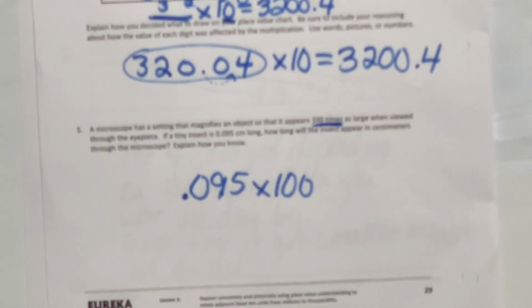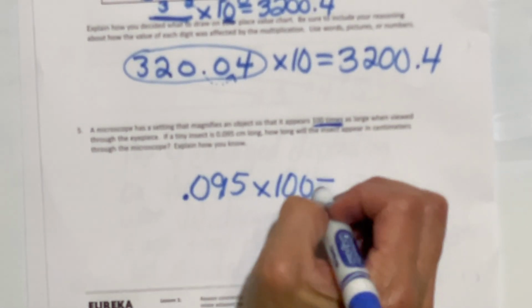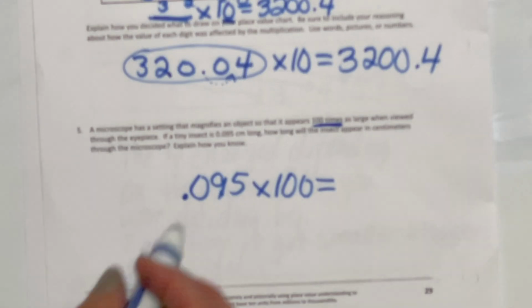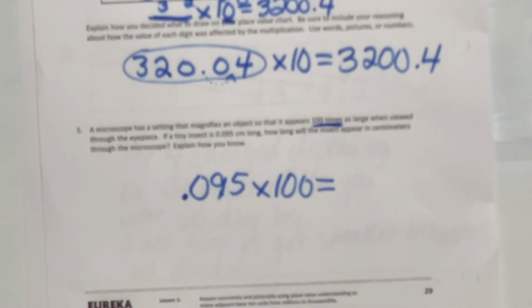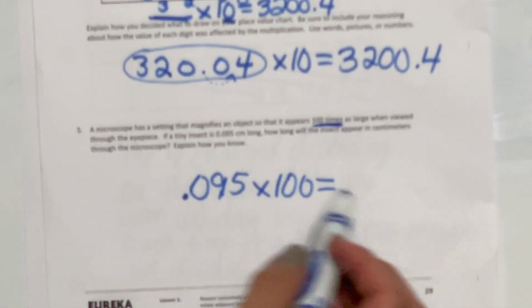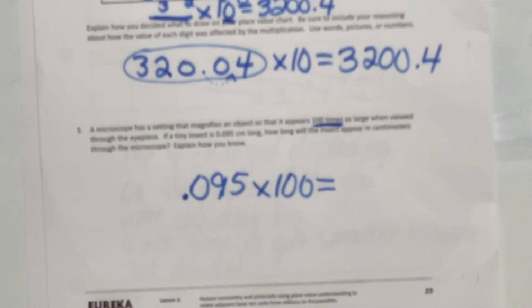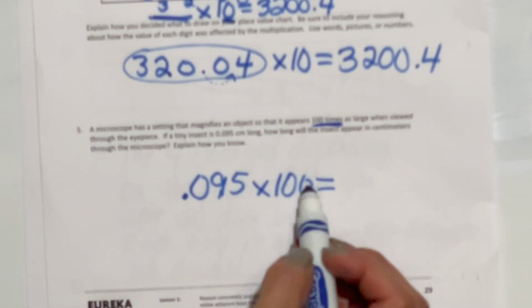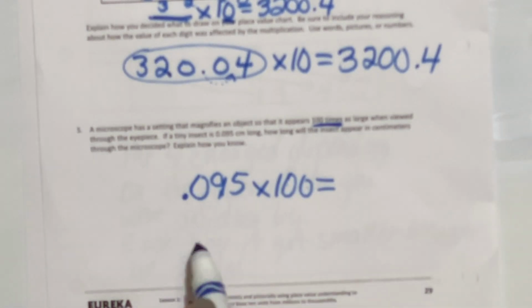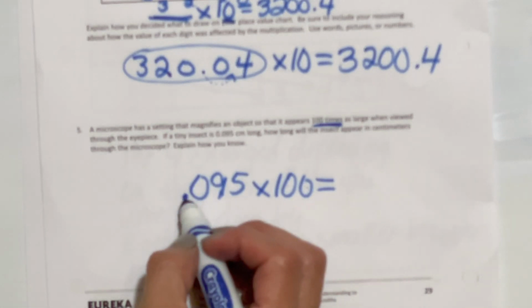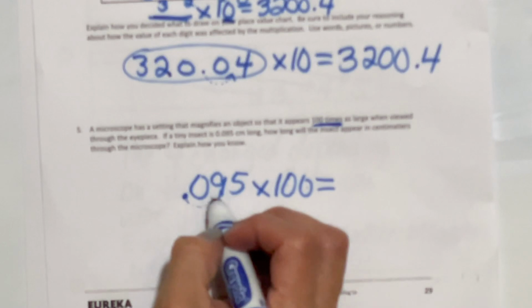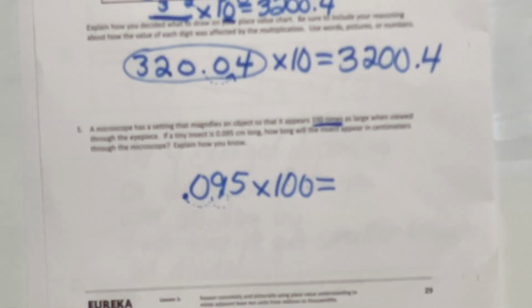Times 100, that's my clue. So how am I going to move this to find the answer? Well, I'm going to look, 1, 2. I've got to move it 2 places. So if I move this decimal 2 places, I've got 1, 2.